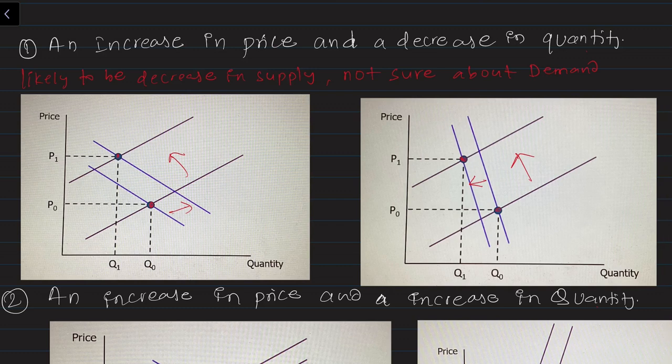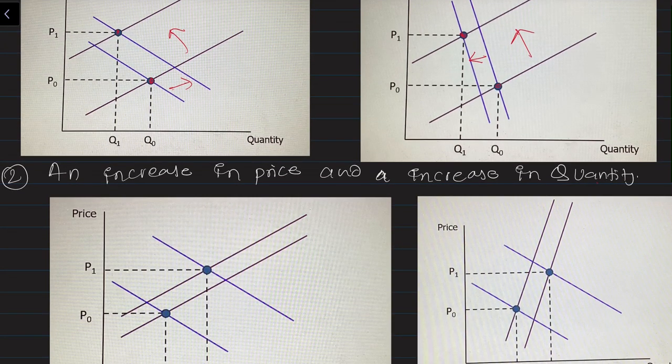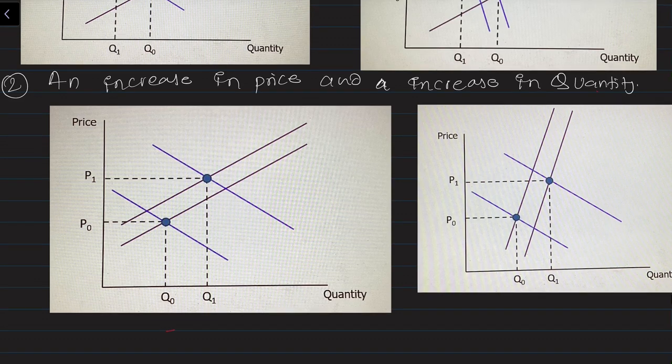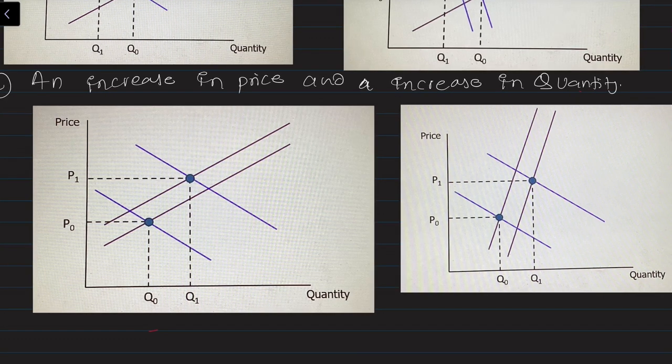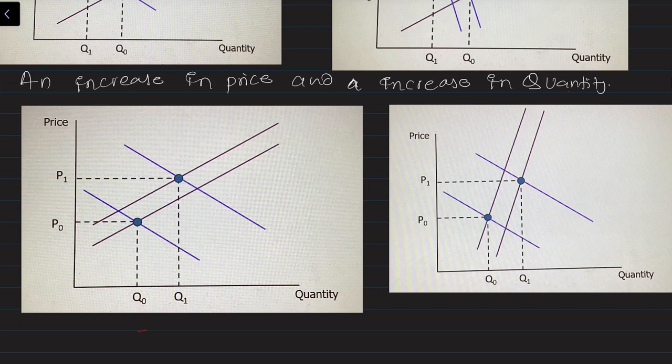Okay, now let's consider the second situation when there is an increase in price and an increase in quantity. Again, I have two graphs here, and in both of these graphs, the quantity has increased from Q0 to Q1 and price has increased from P0 to P1.